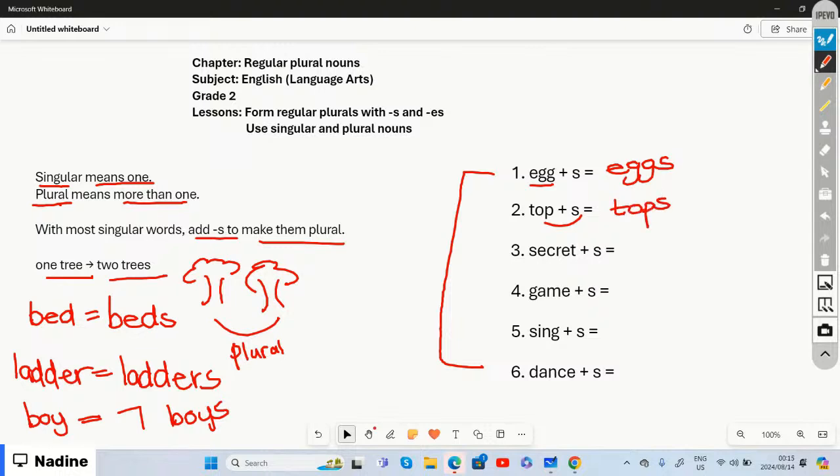Well done. Then we say secret. I kept my friend's secret. Then she told me another one. Now she told me another secret. So one secret plus S. How many secrets are you keeping? Secret plus S.